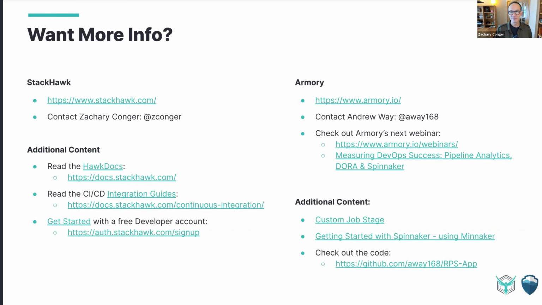Awesome. Well, and Andrew, one question for you. I know with StackHawk, when we get new folks up and running, it takes about 15 minutes from login to first scan. Can you talk to us a little bit about that getting started process with Spinnaker or Minikube? Yeah. So all you have to do is just go to the repo github.com/armory/Minikube.